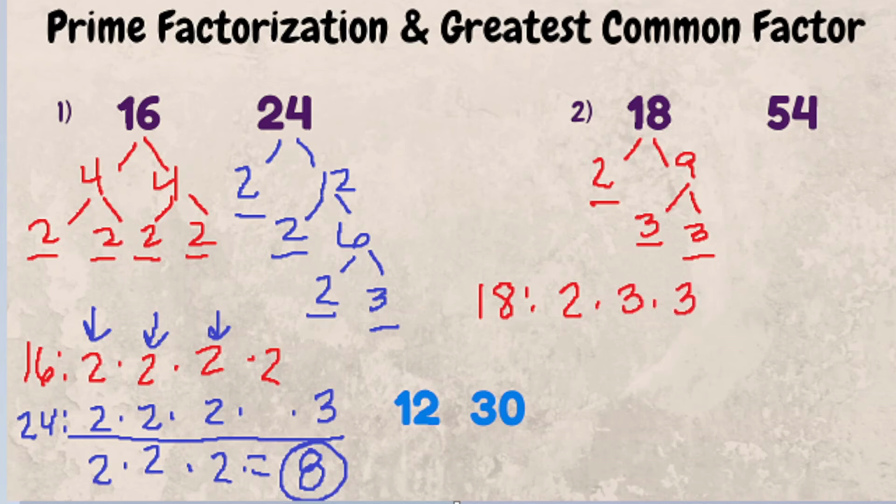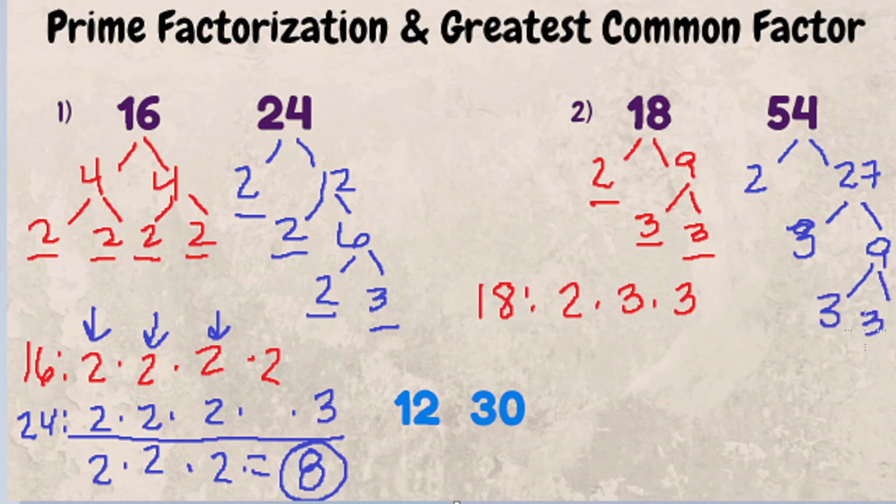The prime factors of 54, let's do 2 times 27. You could do any type of number for this one, any combination. You'll end up getting the same answer. I'm just doing it this way so I have more space to write over here.